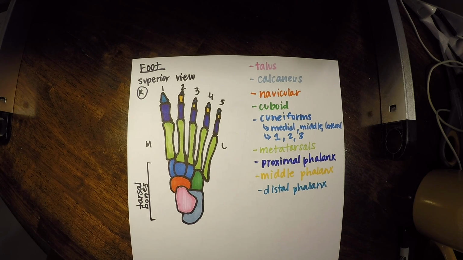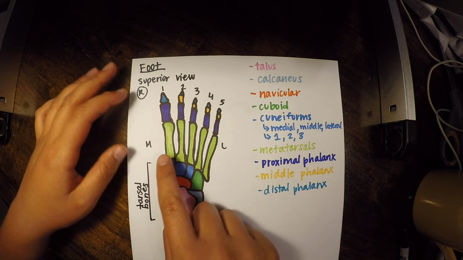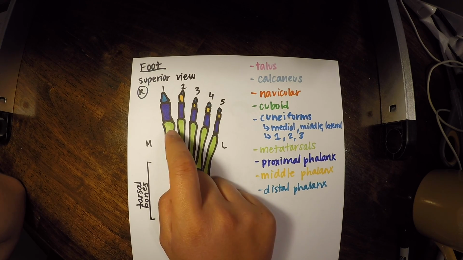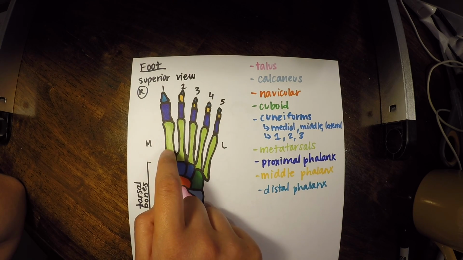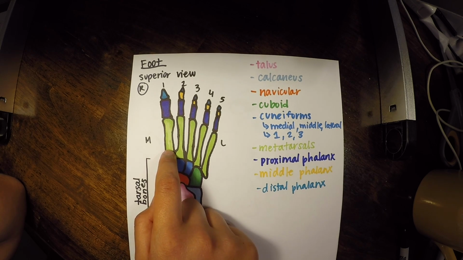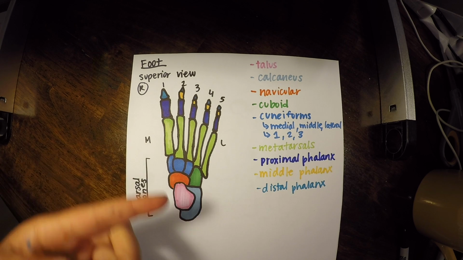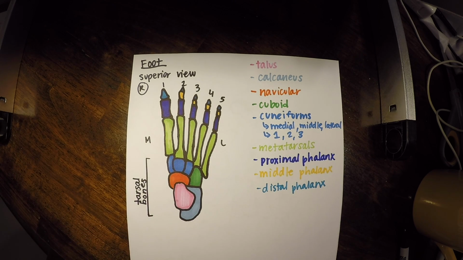Now, I just want to point out a little bit of nomenclature that's going to be important. First of all, oftentimes for metatarsals, you will verbally say it as your first metatarsal, but sometimes Roman numerals will be used, and it'll be like metatarsal and Roman numeral 1, etc. And then whenever we're talking about the big toe, remember how when we were talking about the thumb, it's called the pollex or pollicis when we're referring to muscles?